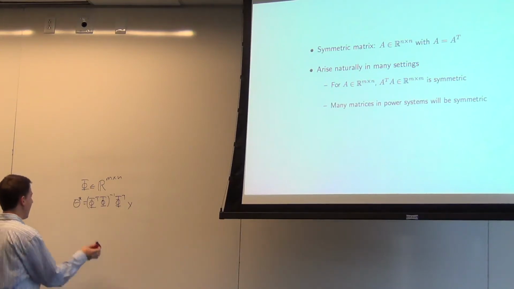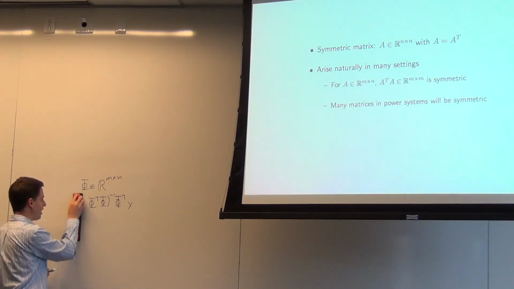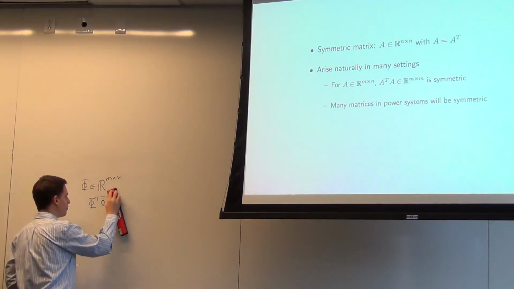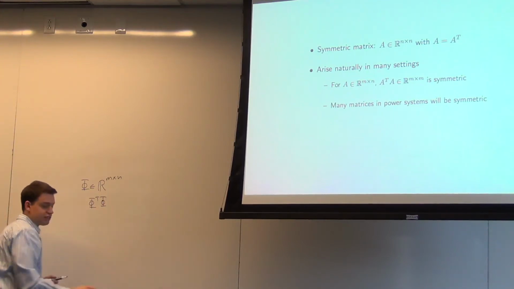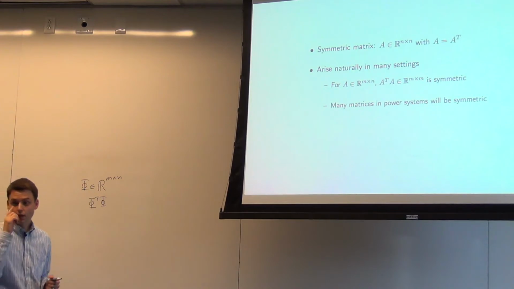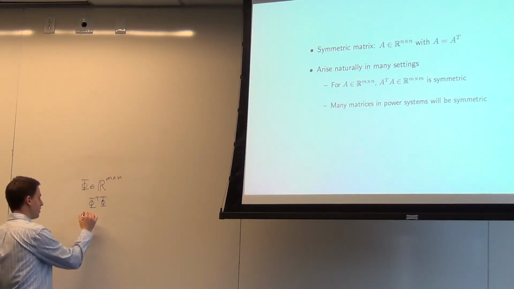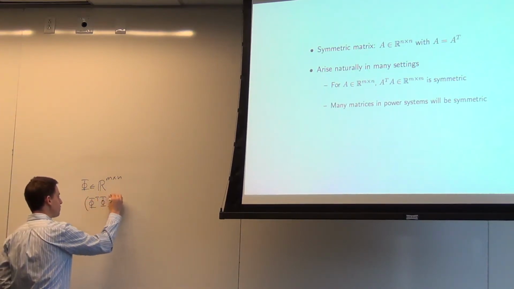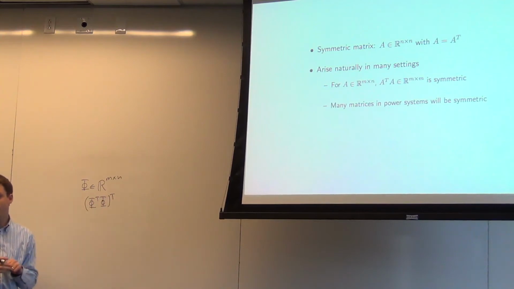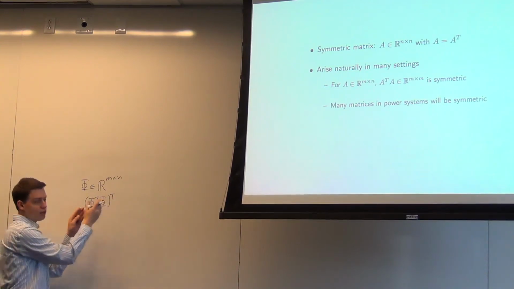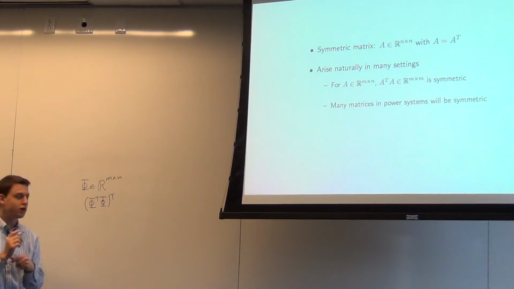But if we just look at this guy here, phi transpose phi, this is a symmetric matrix. And it's pretty easy to see that, right? Because if we take the transpose of this, well, the rule for transposing is that when you multiply matrices and transpose that, you flip the order and you transpose each one.